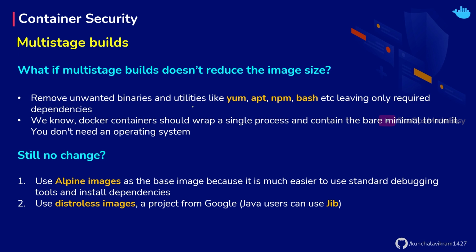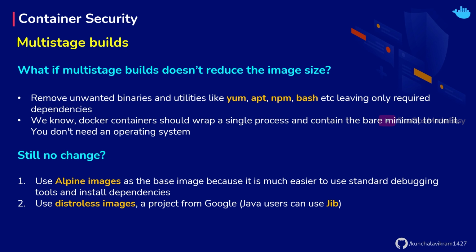What if a multi-stage build doesn't reduce the size of the image? In this case, we can reduce the size of the image by removing unwanted binaries and utilities like yum, apt, npm, bash, curl, ping, etc., leaving only the required dependencies and the final artifact. We know that container images should only run a single process, that is your application process, and they should not run any other process like bash or the shell process.